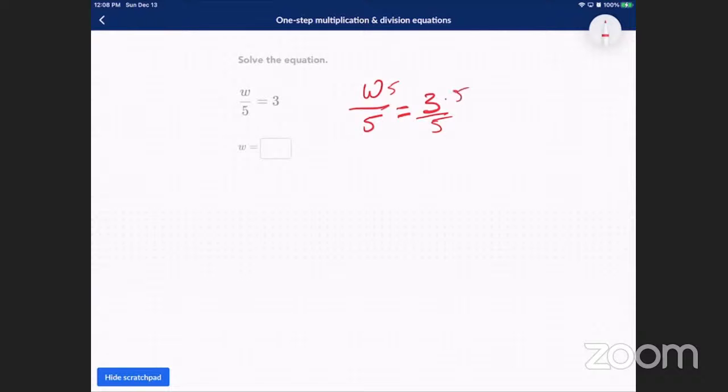So I'm looking at it like the way we did the other problem. We have 5 times 3, which is 15, over 5. Then 5 goes into 15 3 times, and then we can say W equals 3. That's interesting. Does that work?